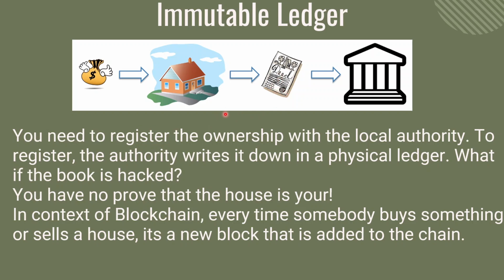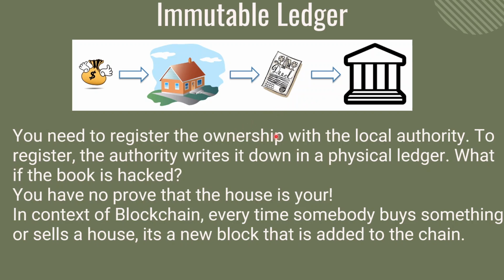You have bought this house with your money, and this deed is sent and reserved with the government. The government has a copy that this house is owned by you. So the government has a notepad or a physical book where it is written that this house is bought by you.